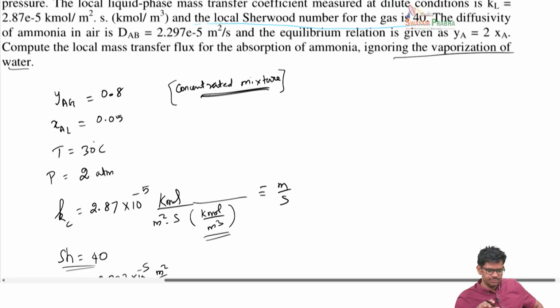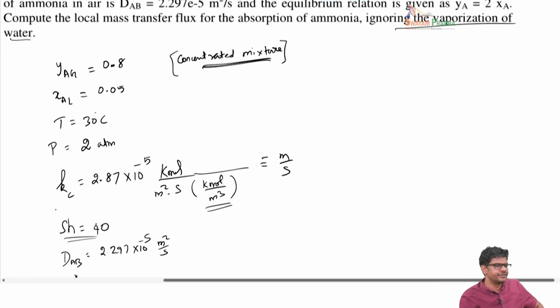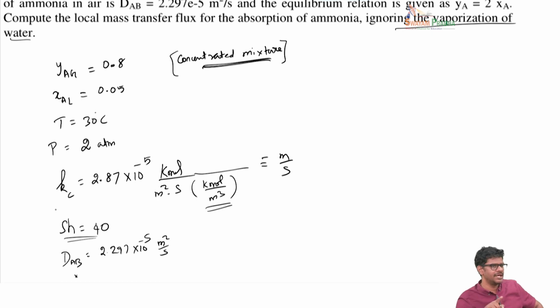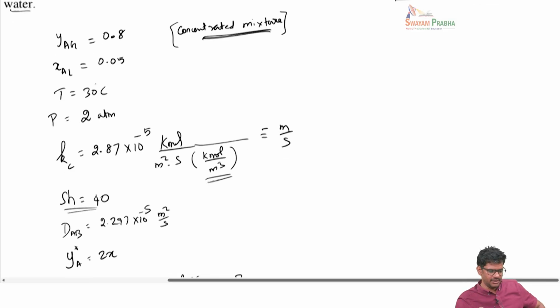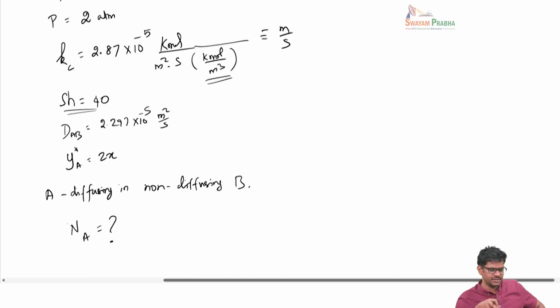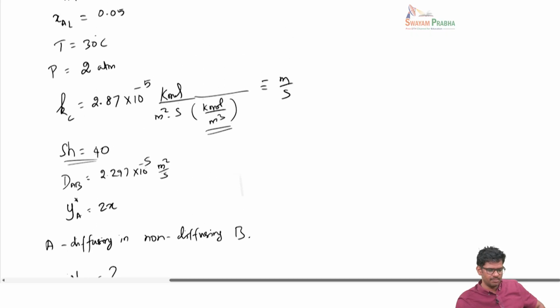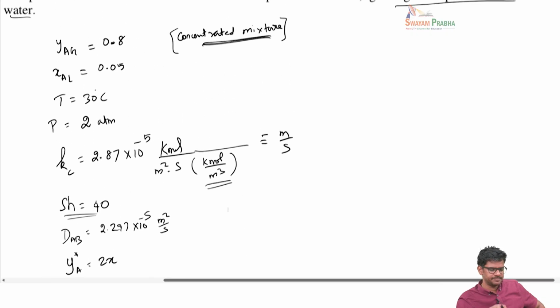The way we should do this problem is already something we have discussed before. We know that local coefficients, even though they are not in mole fraction units, you can convert them into mole fraction units based on the relationship I have discussed before. From Kc you can go to Kx if you want. If you get something like Kc from the Sherwood number, you can convert them into Ky.